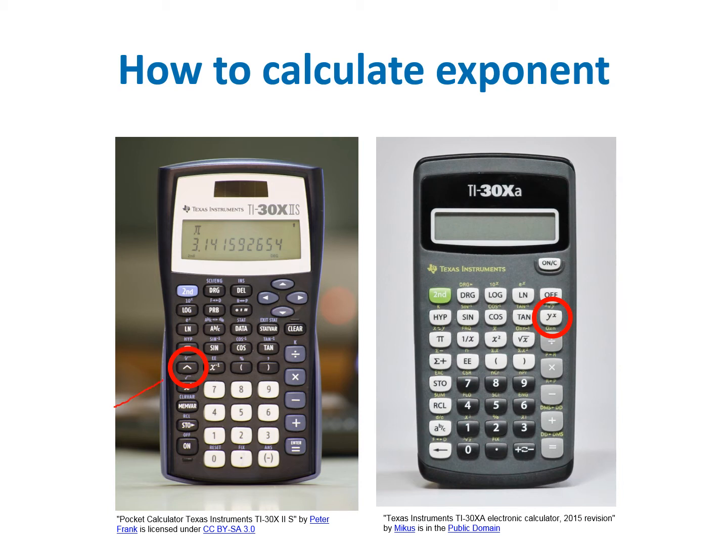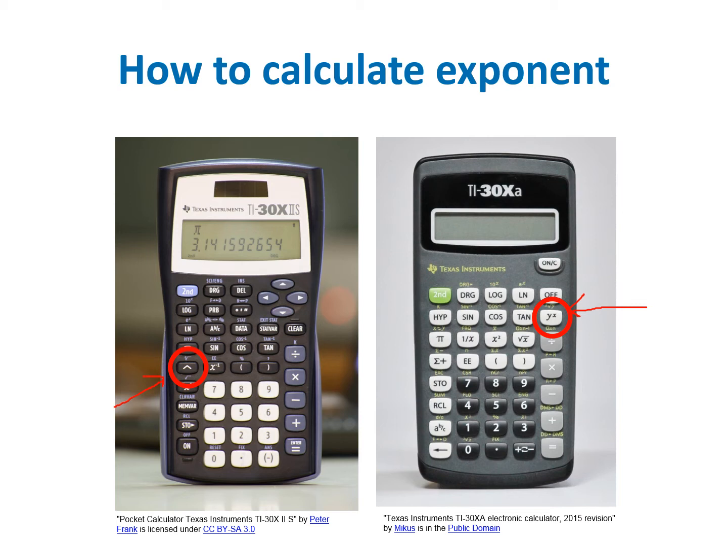Your button may look like this, that's called a caret, or it may look like this. If you have a caret, as highlighted in the figure on the left, then you push the caret button and then whatever your exponent is, whatever the number of generations is. So you could put 2 caret and then 5 to mean 2 to the 5th.